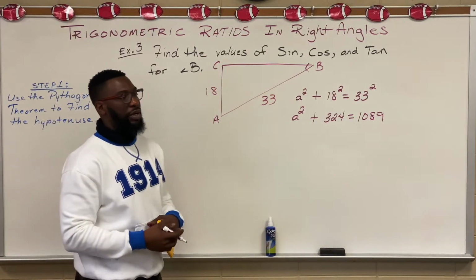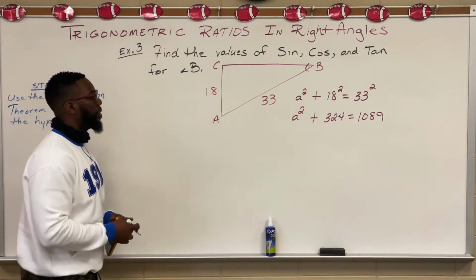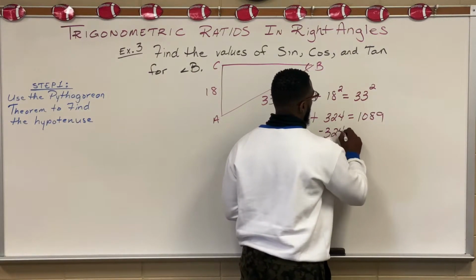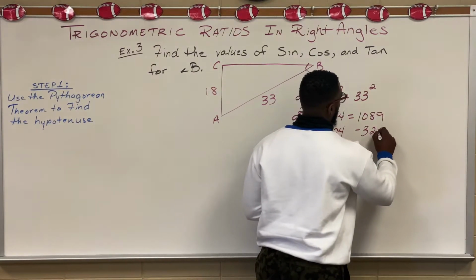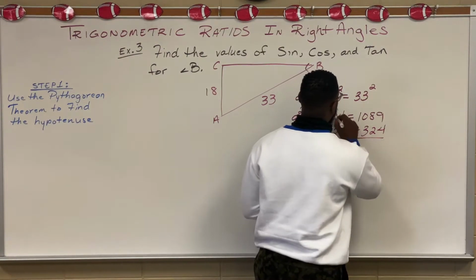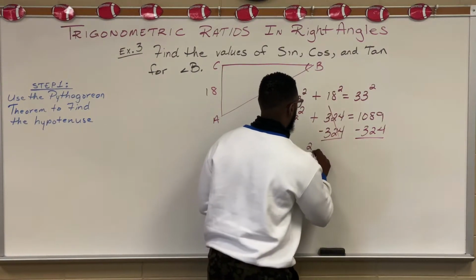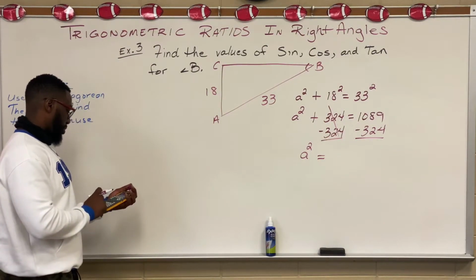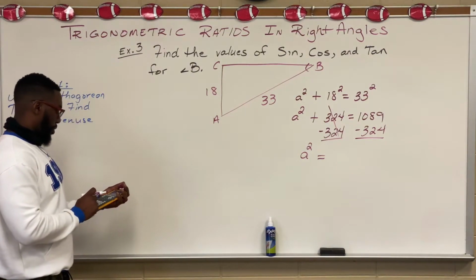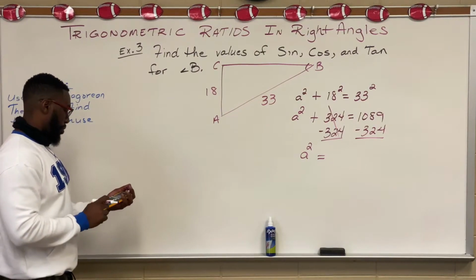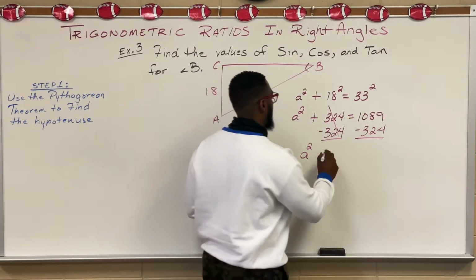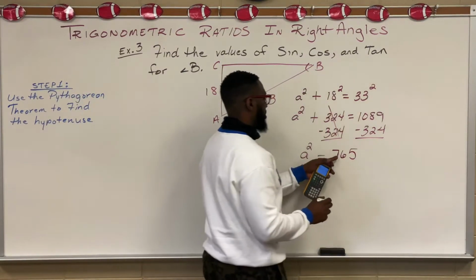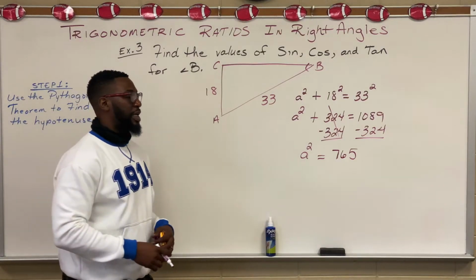From there we combine like terms. So one step equation, subtract 324 from both sides. A squared equals 765. From this point, we find the square root of 765.